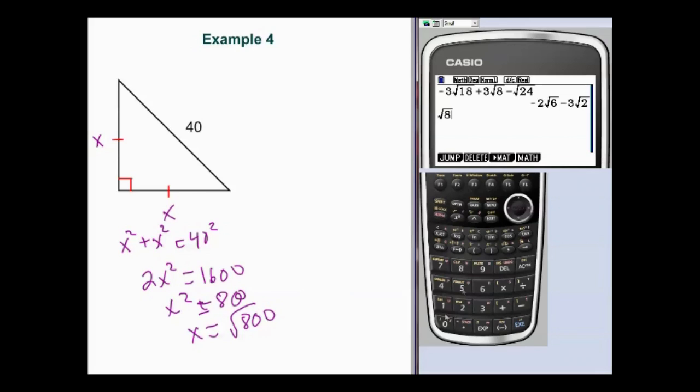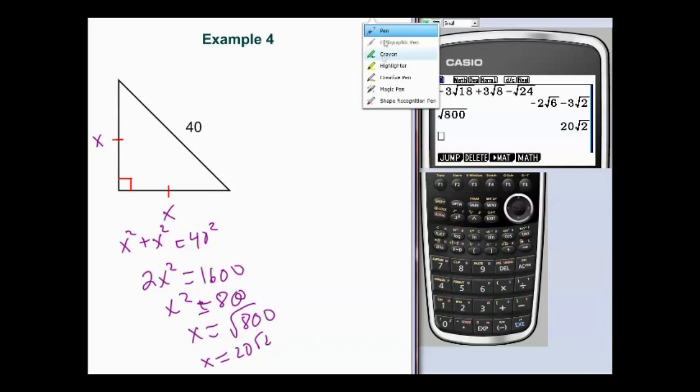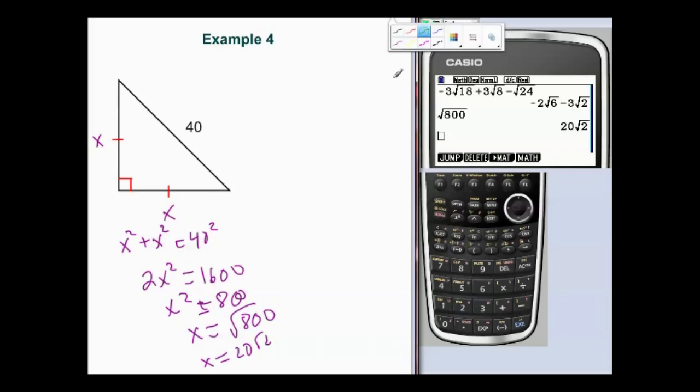Boom, 800. And plop that in there, and hey, I hit execute. Yeah, 20 radical 2. X is equal to 20 radical 2. That's an algebra student.